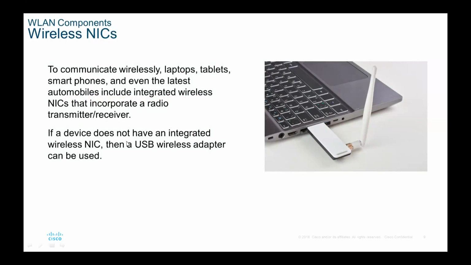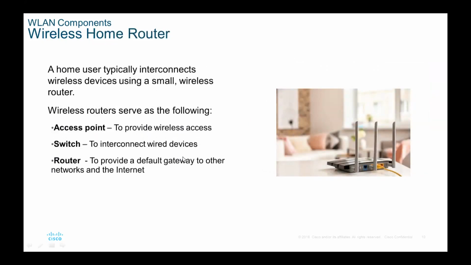Now, if your device doesn't have an NIC card built in, you can go for a USB-based wireless adapter for establishing the connection. When you have multiple devices which have to be wirelessly connected to form one local area network, we can go for a wireless home router. This home router allows you to connect multiple end devices wirelessly.